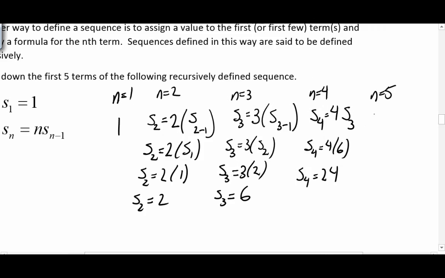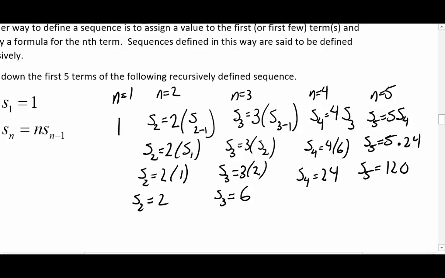And then the fifth number would be 5 times the fourth number. So that's 5 times 24, and that would be 120. Okay, so any pattern that fits this particular mold, we call a recursive sequence.